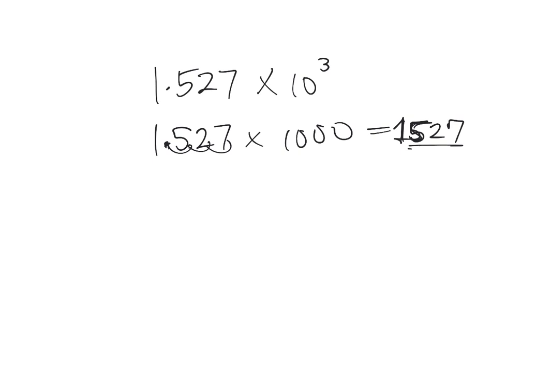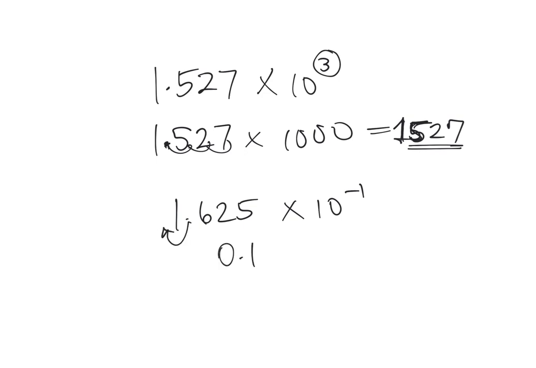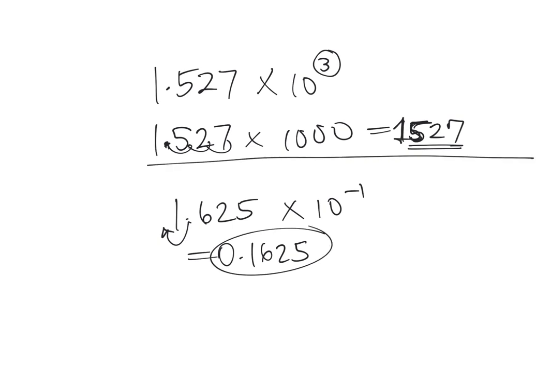When you're multiplying by a positive power, like 10 to the third power, you move the decimal to the right. When you're multiplying by a negative power, you move the decimal to the left. That's something you're going to learn later on. But if you had a situation like 1.625 times 10 to the negative 1, you would move that decimal over to the left. So it'll become 0.1625. But in this chapter, you're only dealing with the positive, and so you move the decimals to the right.